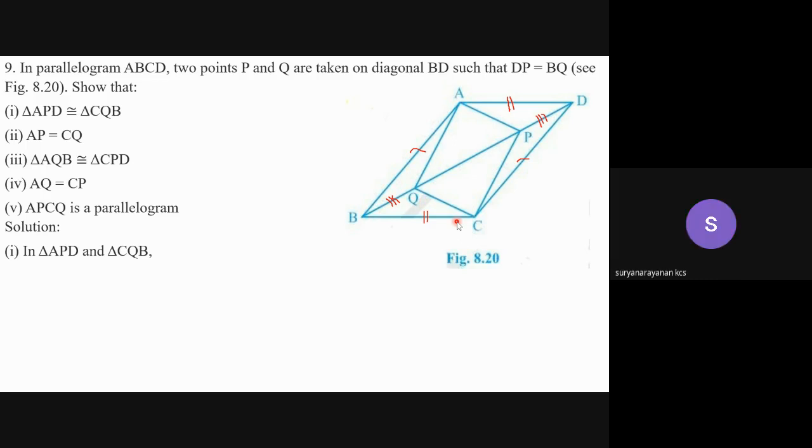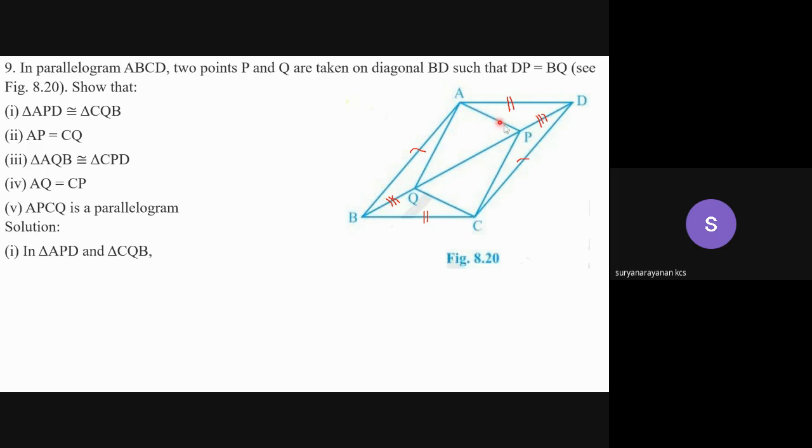Very good. BC and AD are equal. Yes, BC and AD one side. And BQ, sir, and PD. BQ and DP are equal. We have equated two sides.